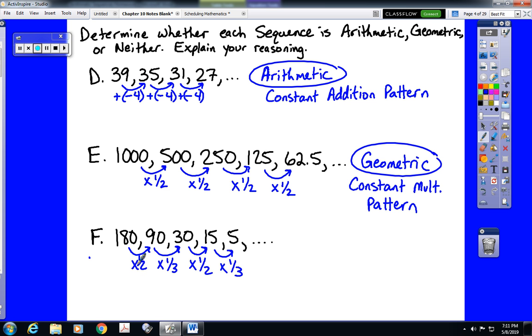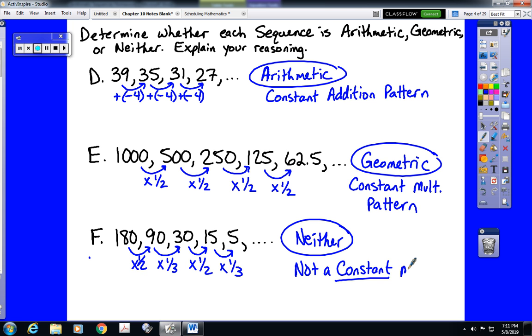This is not a consistent pattern. It's not a constant pattern. So that is a neither. Even though it is a multiplication-based pattern, it is not a constant multiplication pattern, which is how we explain how we know that it is neither.